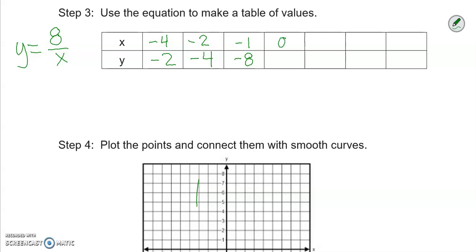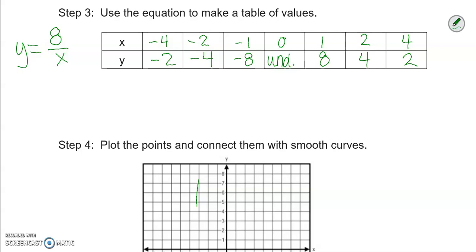If we put 0 in for x, the fraction in our equation is going to be undefined, so I'm just going to abbreviate it like that. Then we can choose 1. 8 divided by 1 is 8. 8 divided by 2 is 4. And 8 divided by 4 is 2.